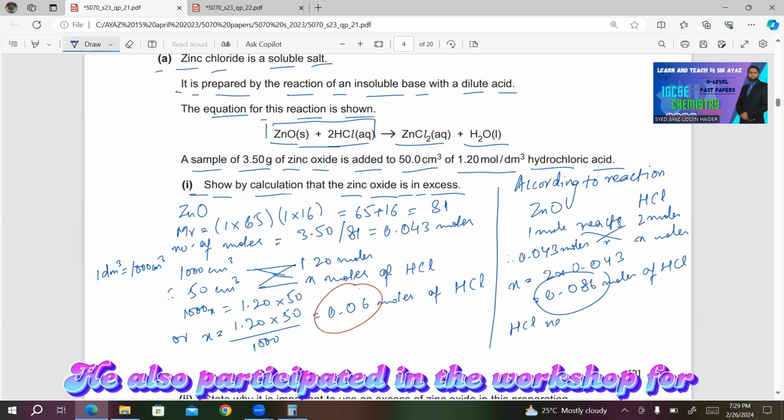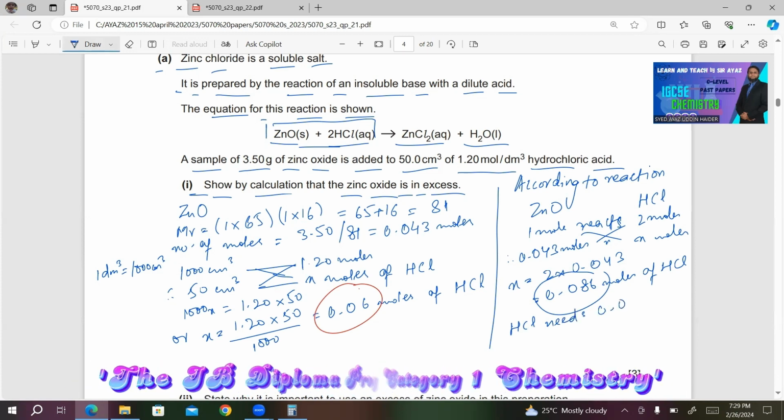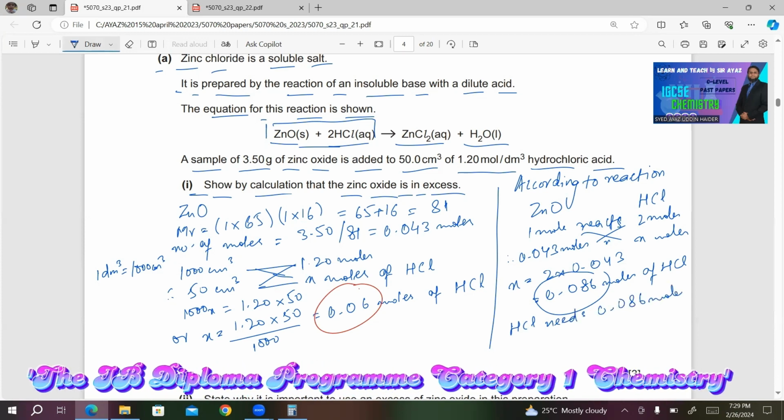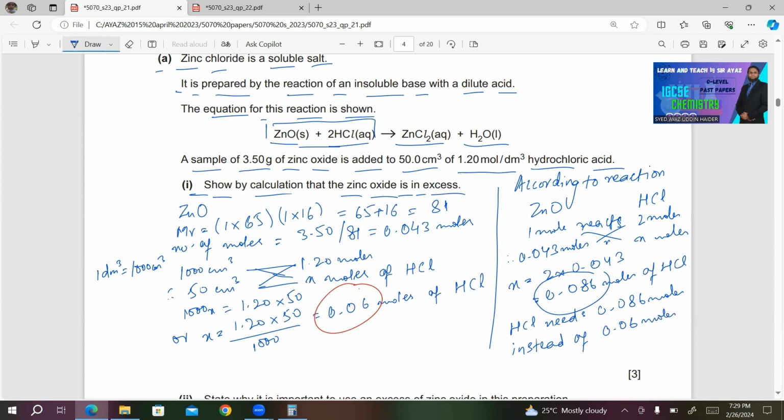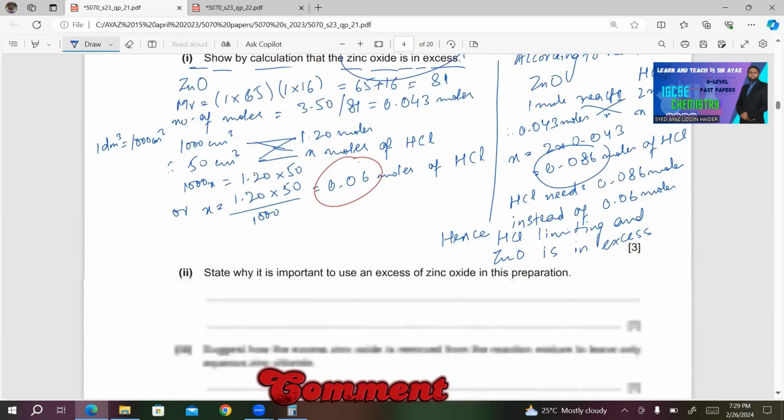HCl needs 0.086 moles instead of 0.06 moles. Hence, HCl is limiting and ZnO is in excess, which is what they have asked in the question.